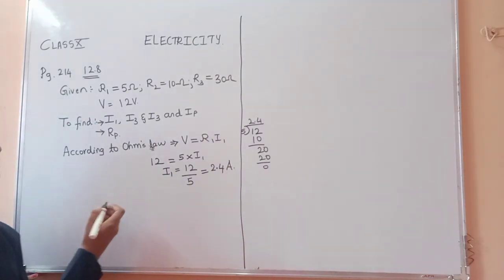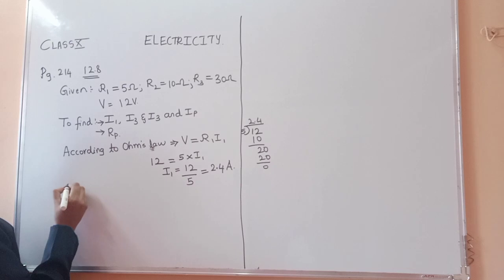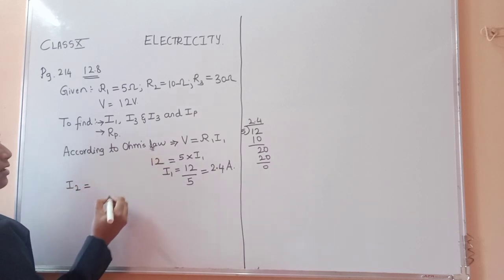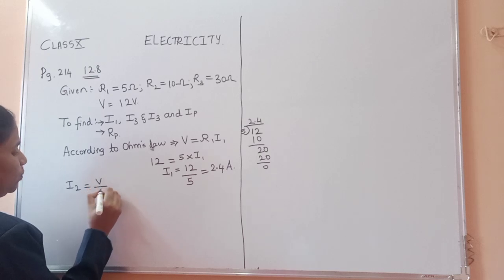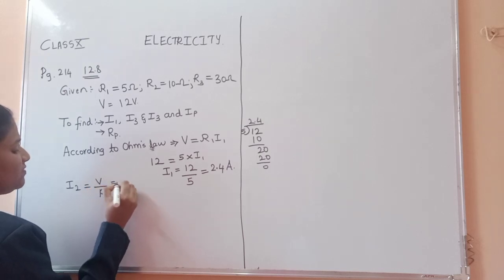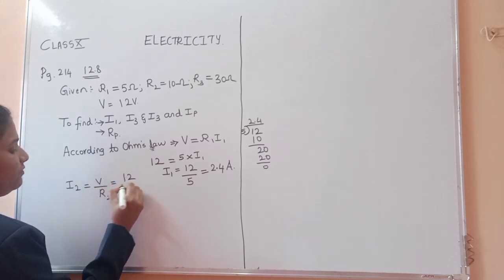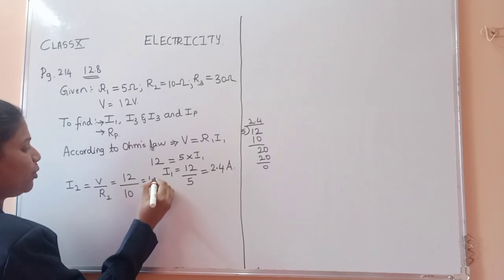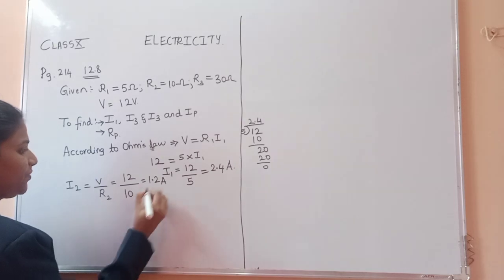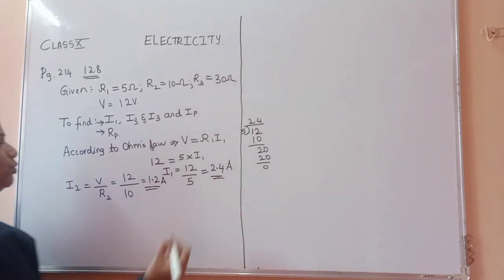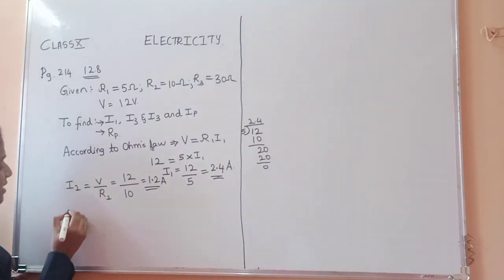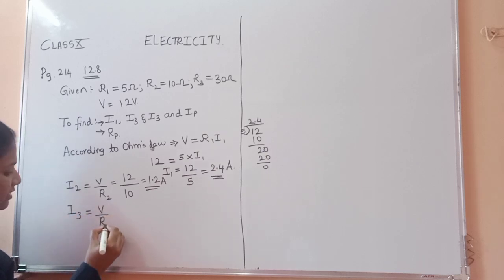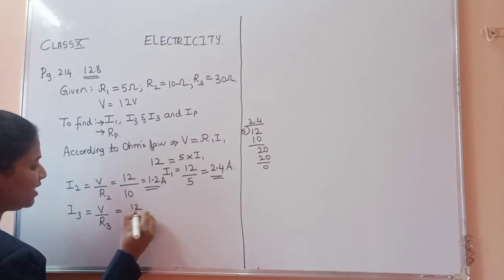Same way, I2 is equal to V by R2. What is V? V is nothing but 12. What is R2? It is nothing but 10. So it is 1.2 ampere. So I2 is 1.2, I1 is 2.4. Similarly, I3 will be equal to V by R3, where V is 12.